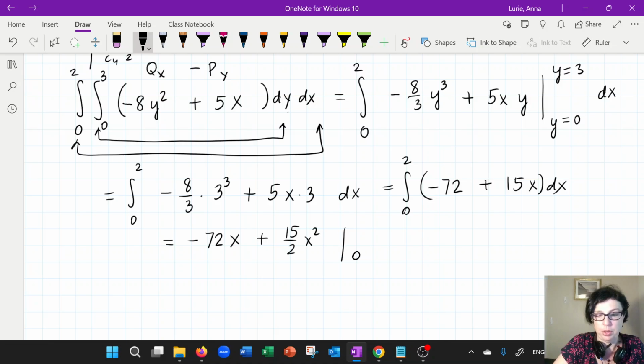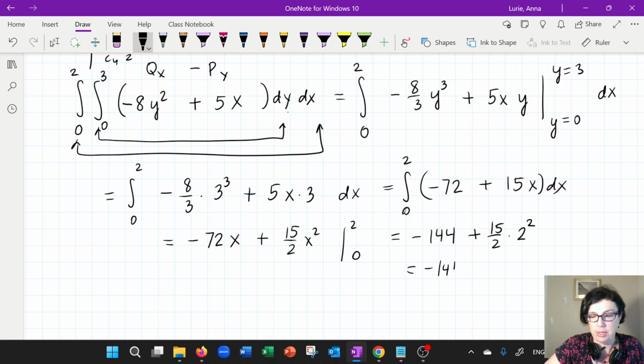I am substituting 0, 2. All right, when I substitute 2, the first term becomes negative 144 plus 15 over 2 times 2 squared. When I substitute 0, that just becomes 0. So this is negative 144 plus 30. And I think that would be negative 114, and we are done.